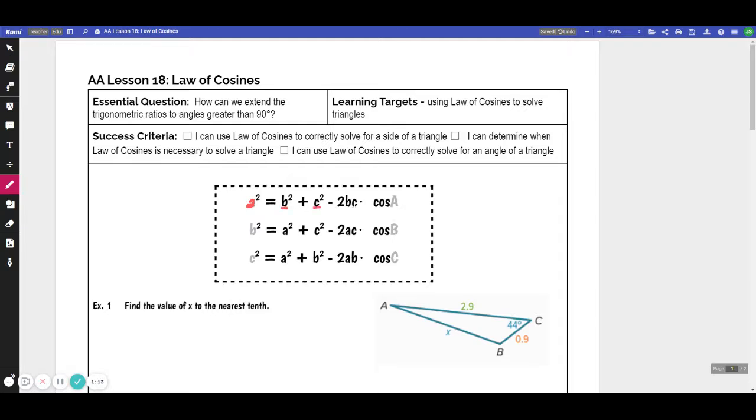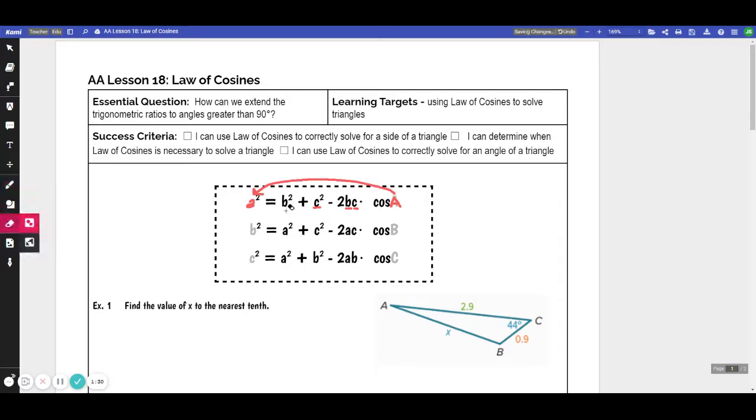So this is b and c, this is b and c, and then times the cosine of A. So this angle over here corresponds to this side that you're solving for.